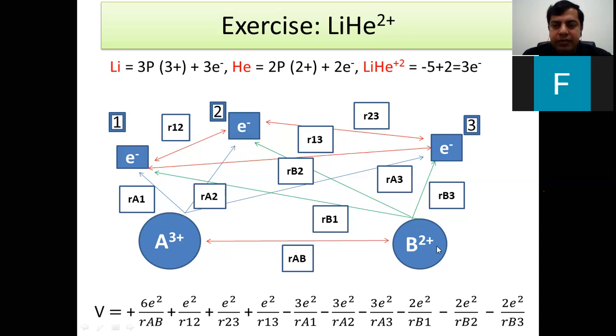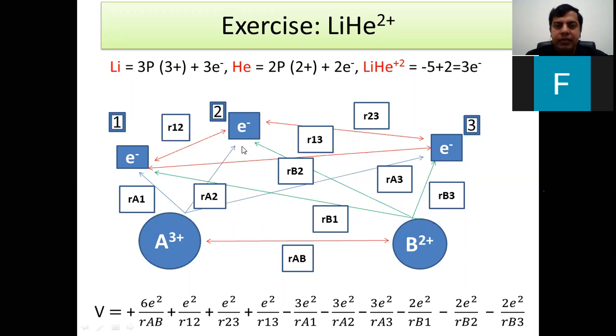And similarly you can do with the B positive, plus multiplied by minus, the sign will be minus, and 2 multiplied by 1, the net effect will be 2, and the distance between the B2 positive and electron 1 is Rb1. So that's why it is written over here Rb1.